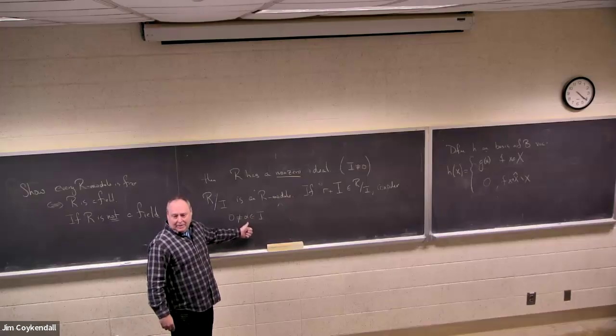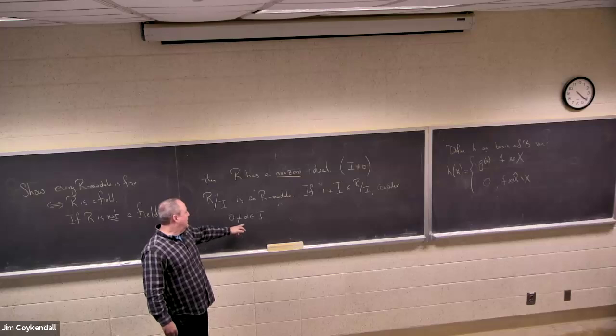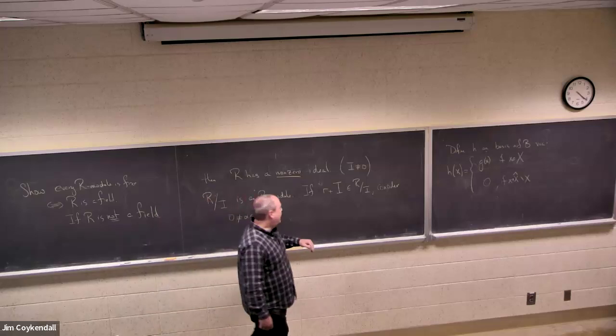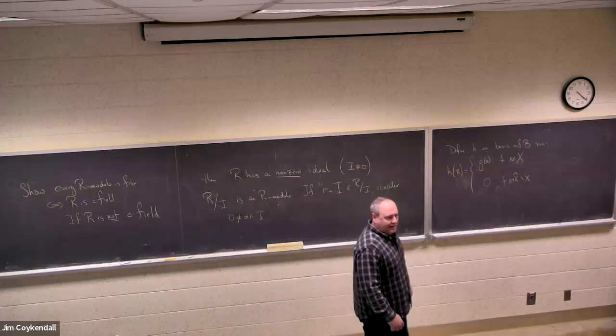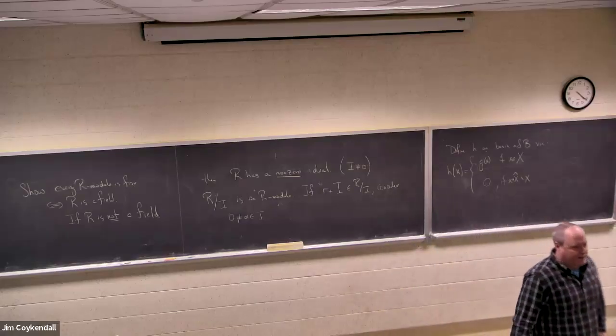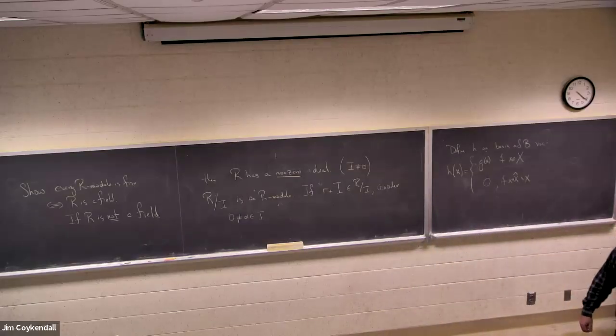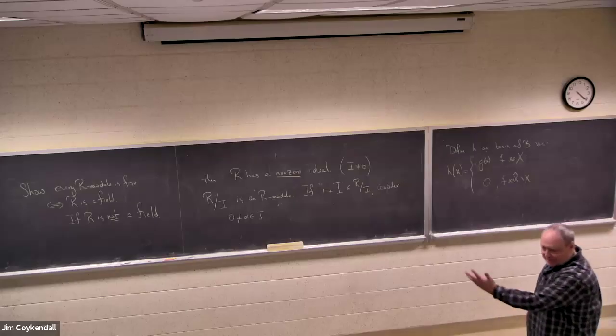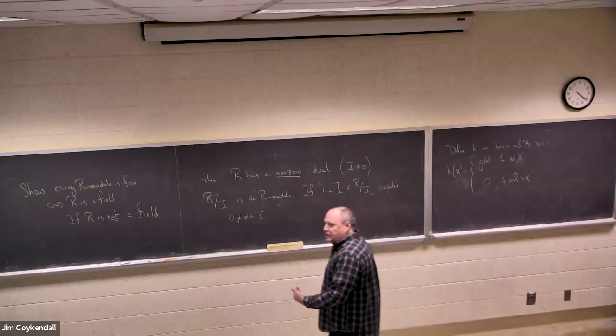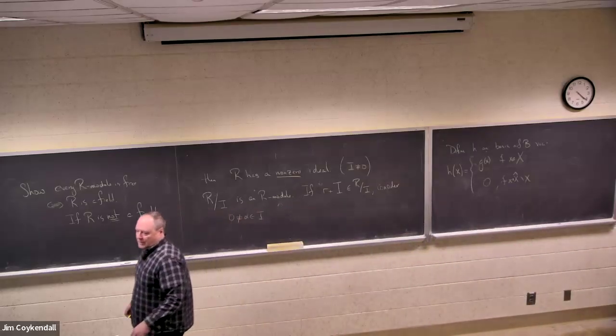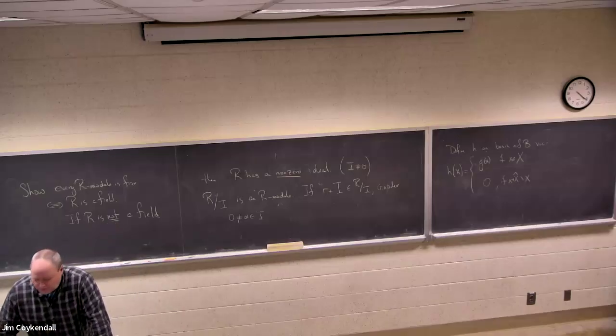Pick any element alpha that is non-zero in I and multiply alpha times R plus I. And what do you get? You get R alpha plus I, but R alpha is in I, so that's the zero point. So it's impossible. The existence of a non-zero ideal means that you can always create a module that's not free.